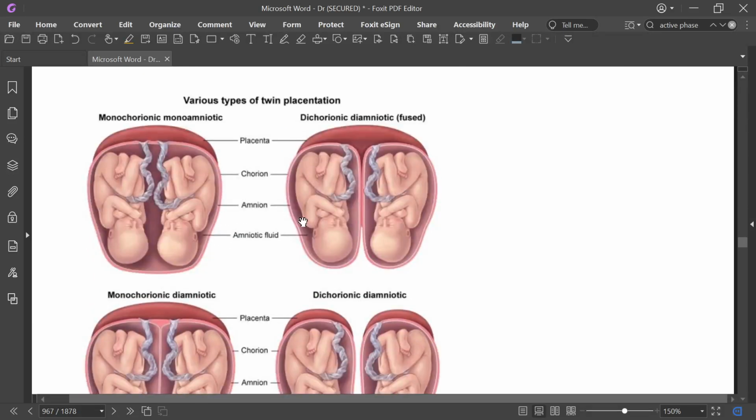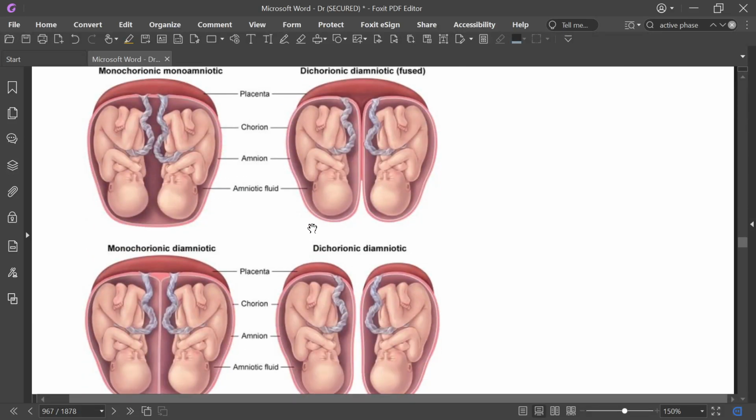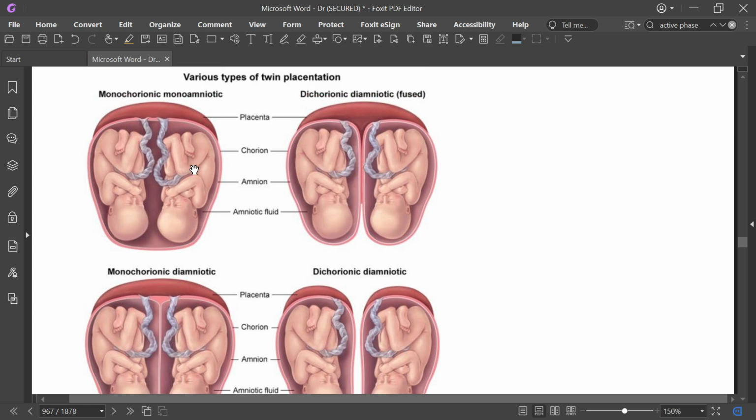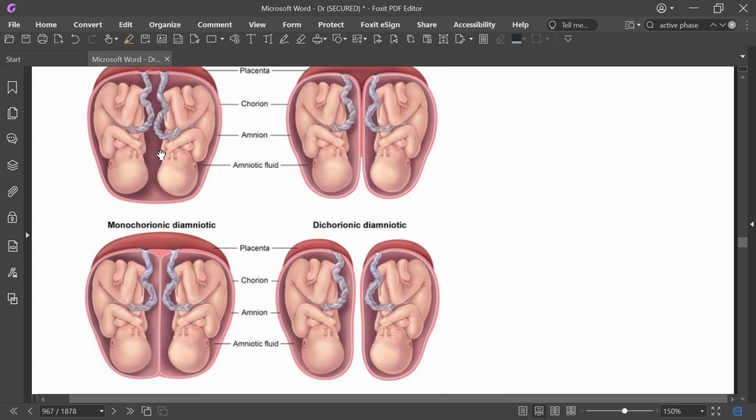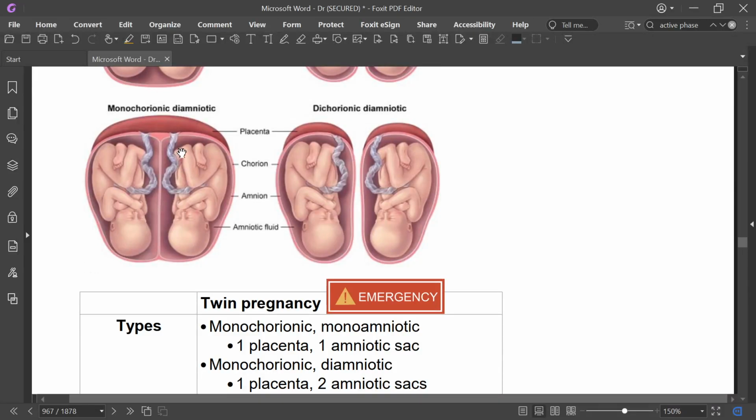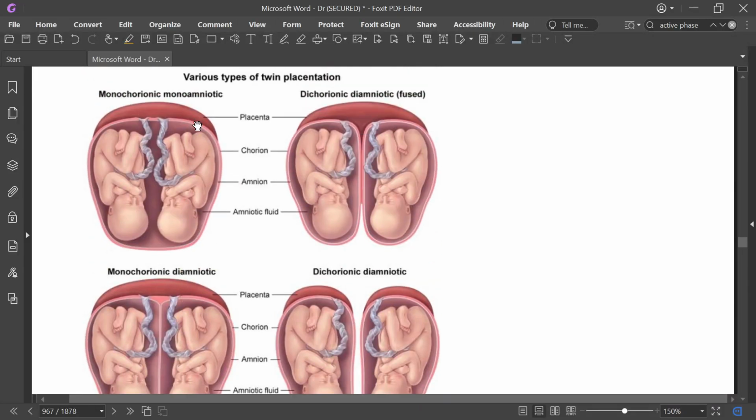Now twins, very high risk. Monochorionic, monoamnionic means one placenta, one amniotic sac.